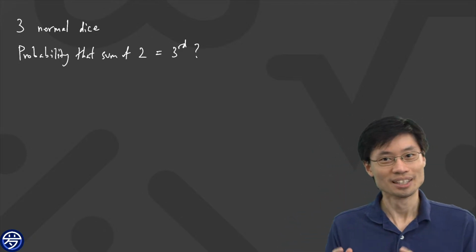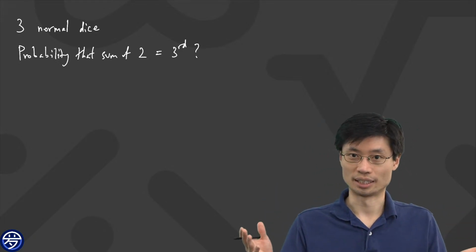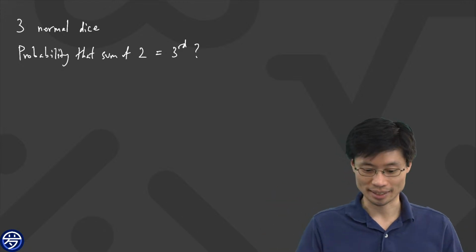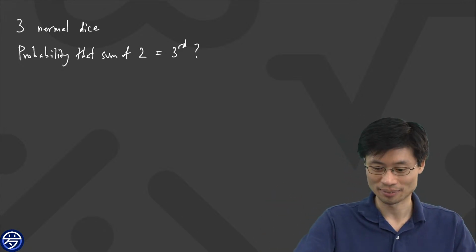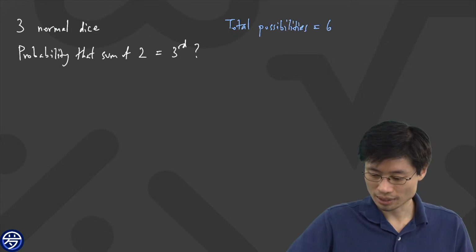Ooh, I have an idea. So here's what I'm going to do to solve this problem. How many possibilities are there? There are 216. 6 times 6 times 6. Let's do that first. Get that out of the way. So the total possibilities is equal to 6 times 6 times 6, which is 216.